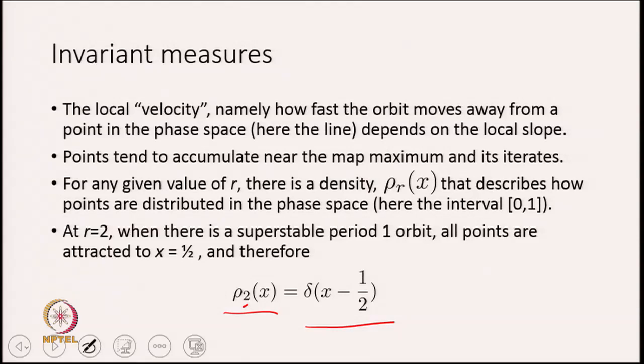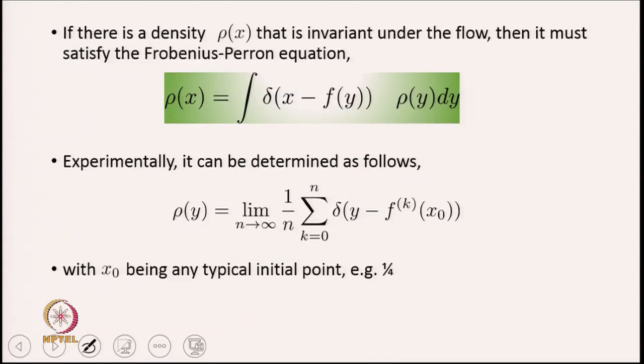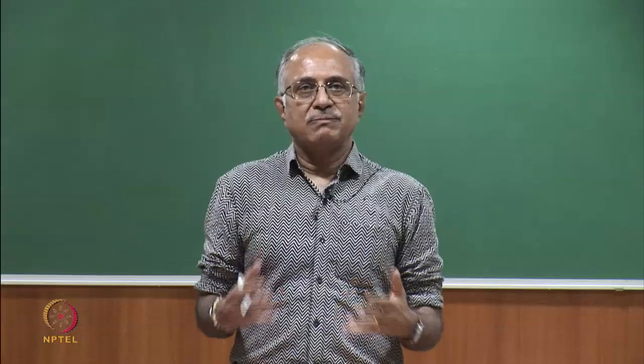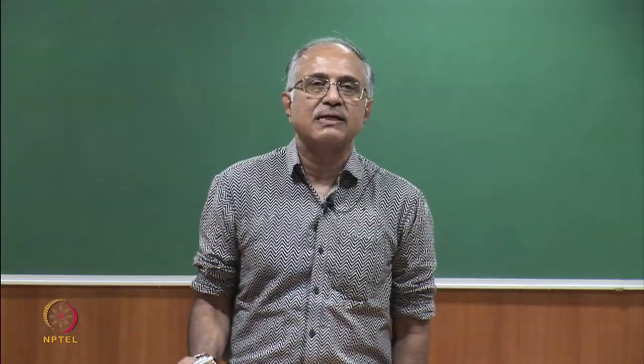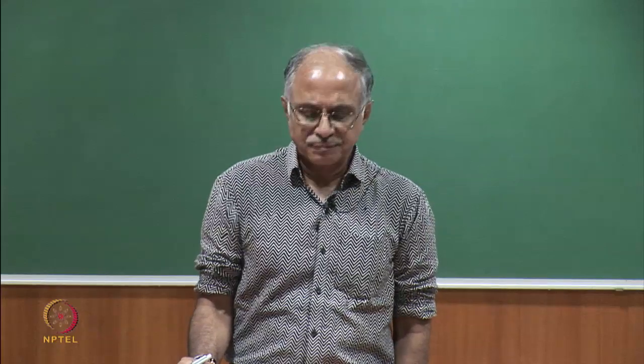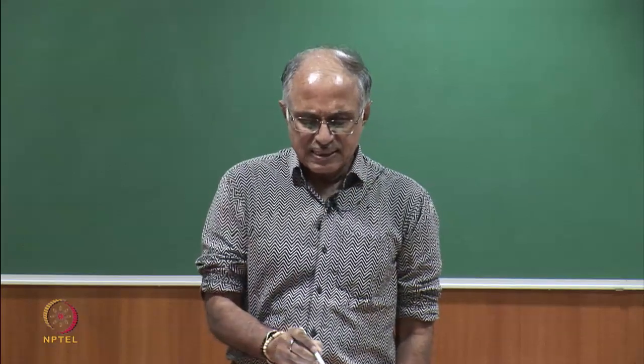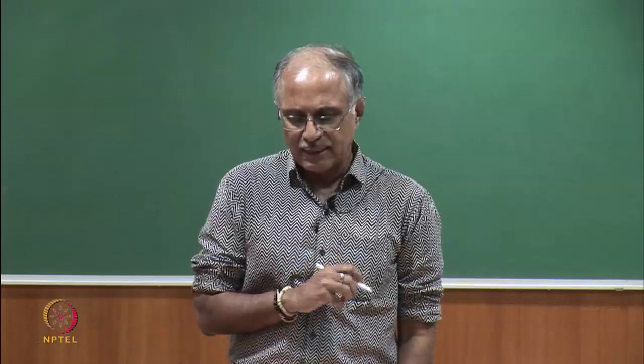At different values of r, this density keeps changing. But if there is an invariant density, then it must satisfy an equation that was first described by Frobenius and Perron, and it is just a statement of stationarity.